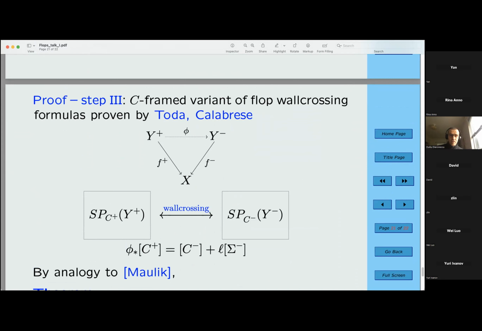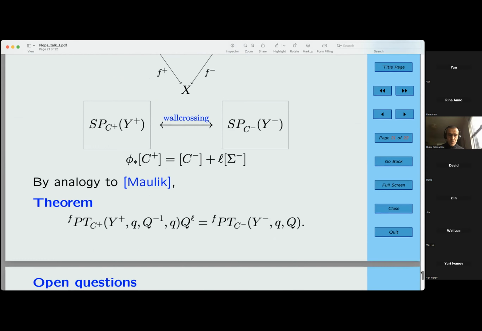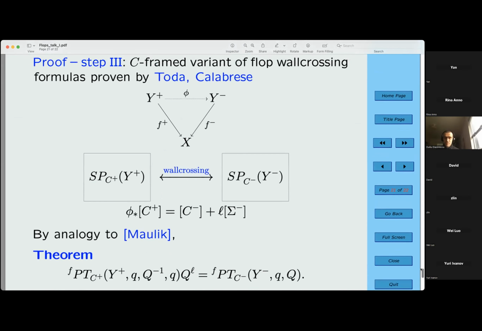You have to use results proven by Toda and Calabrese, who basically relate the counting functions of stable pairs on Y plus to counting functions of stable pairs on Y minus, or if you want, Donaldson-Thomas invariants of Y plus and Y minus, in a very precise way. And again, you need to prove a C-framed variant of their results. And this is also proven by wall crossing.